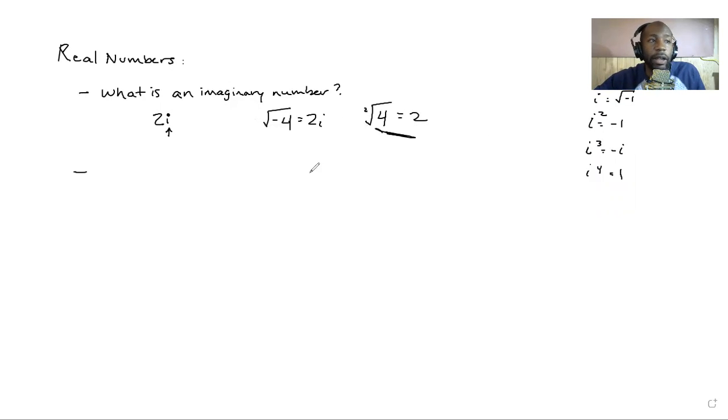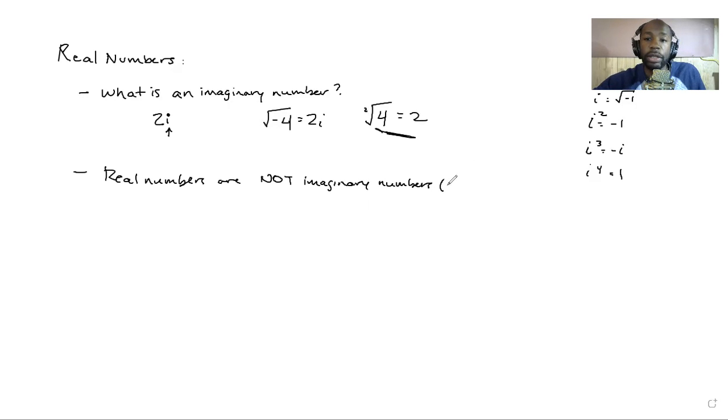So first of all, real numbers are not imaginary numbers.